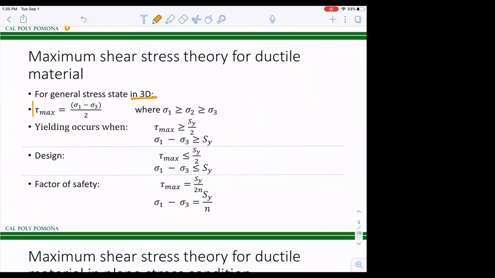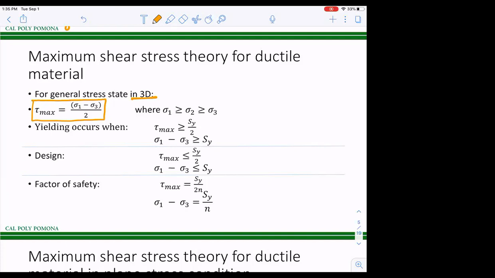So the tau max for any structure is going to be this equation. It will give you the maximum shear stress in any structure where sigma 1 is greater than sigma 2 is greater than sigma 3. Sigma 1, 2, 3 are your principal stresses.